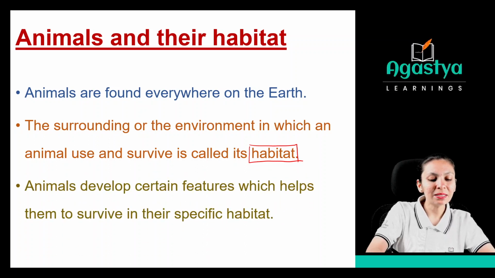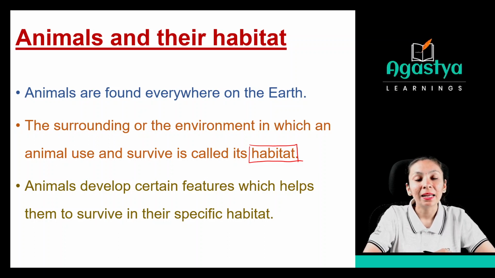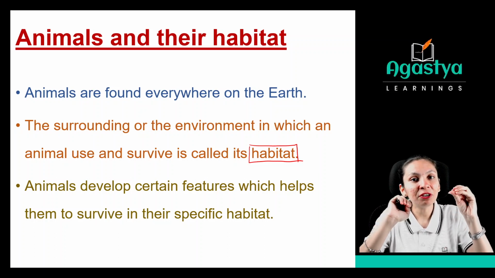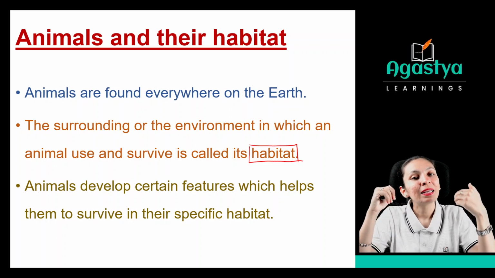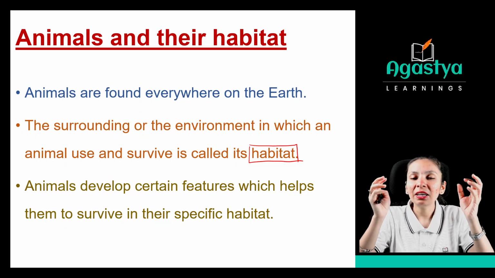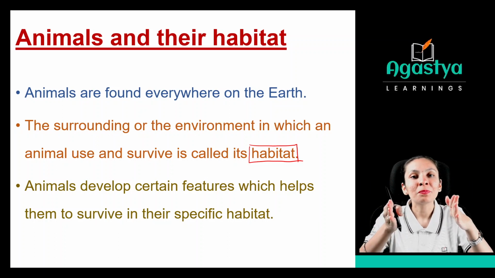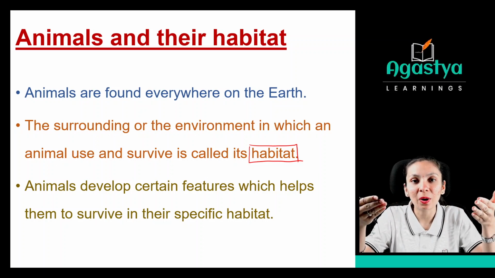See, animals develop certain features which help them to survive in their specific habitat. Whenever we are living on land, we have different features to adapt to that, right? So what kind of features do we have? See, in the year, we have three seasons, right? Summer, winter and monsoon. According to the season, we try to adapt to that kind of environment.